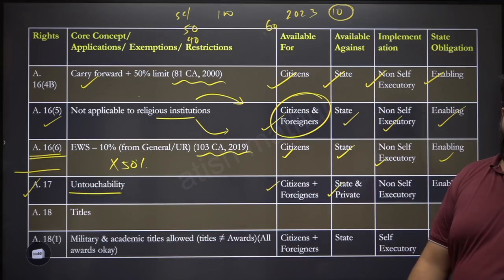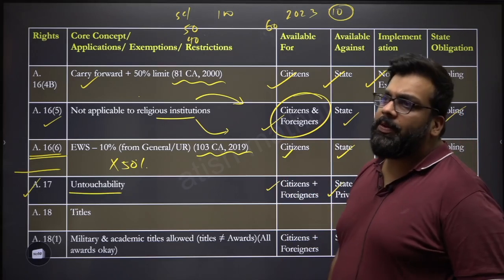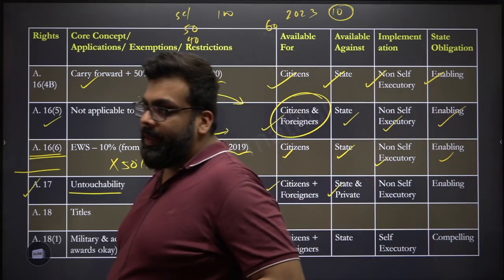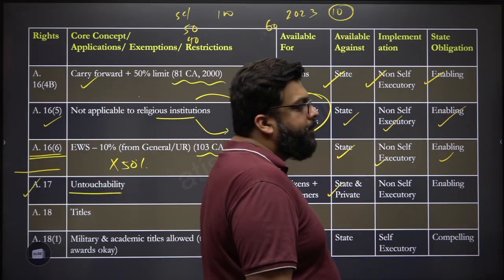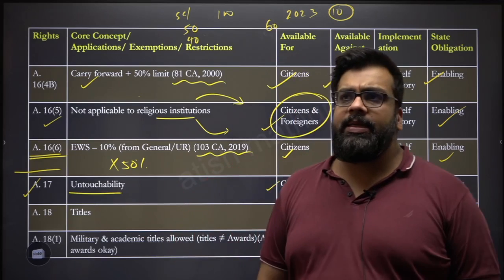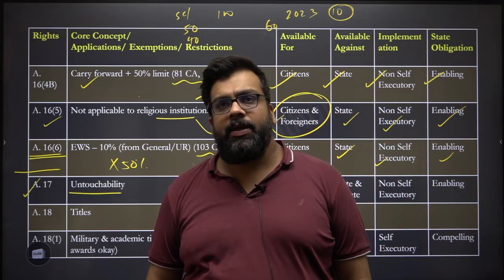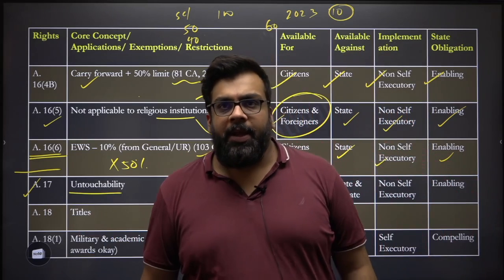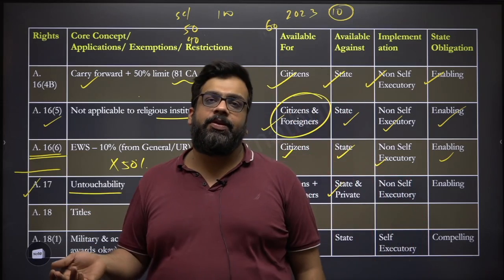So it's one of those rare rights which are available not only against the state but also against the private entity as well. So can you file a writ petition in the Supreme Court against a private individual practicing untouchability? Well, technically yes, but the writ petition is not really going to make a difference, because except for habeas corpus, all other writs are only available against the state.